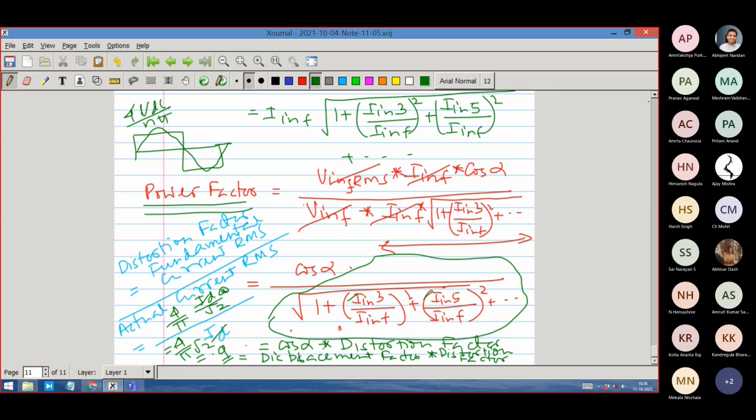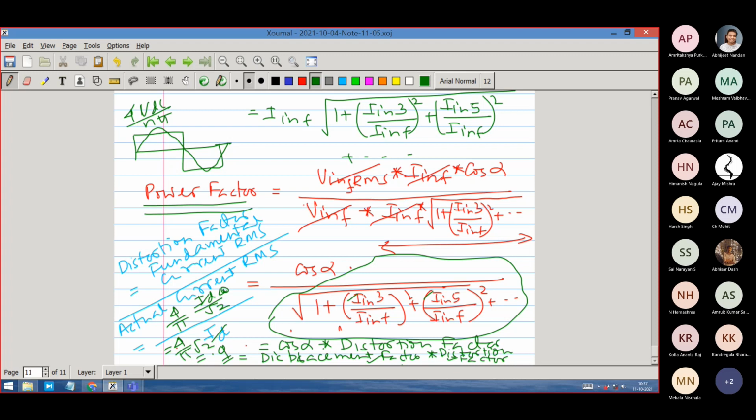So we get a formula that power factor is equal to displacement factor into the distortion factor. Displacement factor, as the name suggests, is cos alpha, where alpha is the angle. What is the definition?